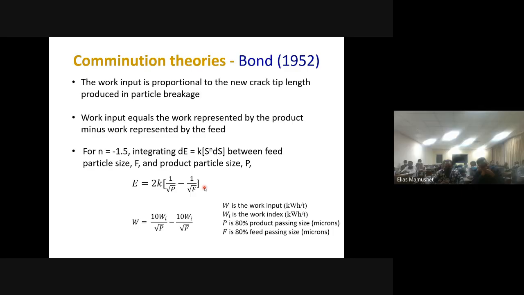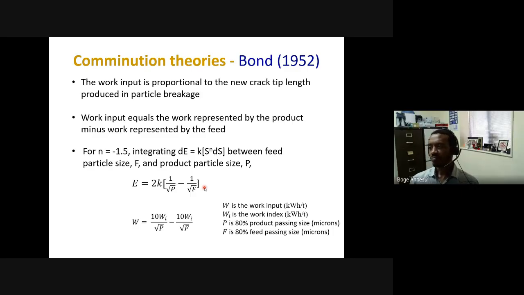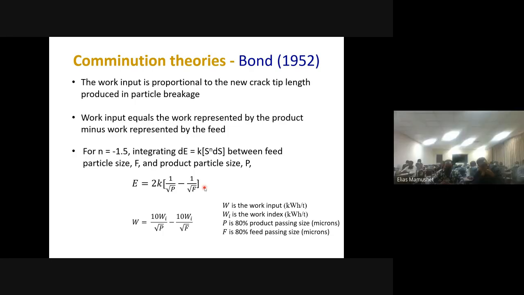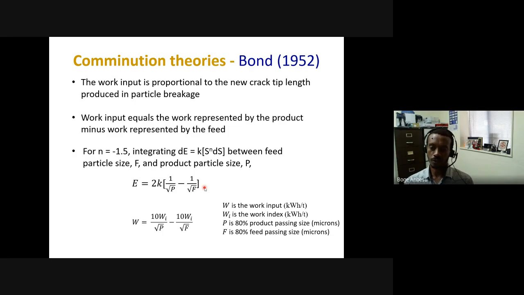So Bond developed a model in 1952, and he said, if you remember, I mentioned some breakage within a rock, some failures in a rock. If you have failures in a rock and you apply force, chances are the rock actually breaks along that failure, along that boundary of the crack.